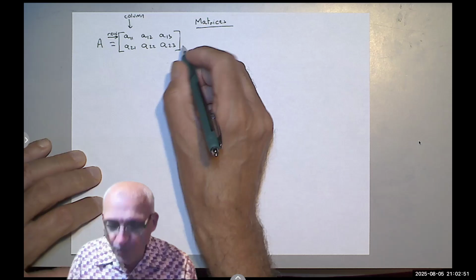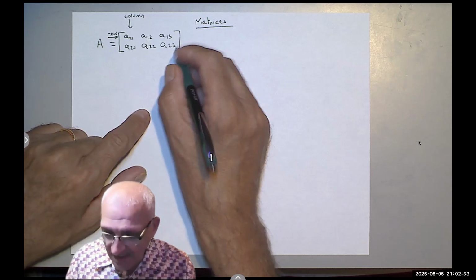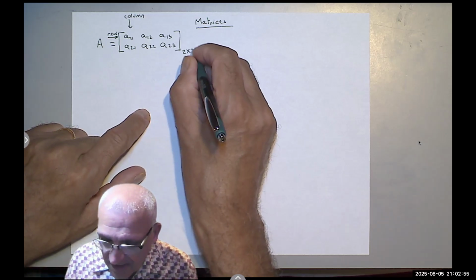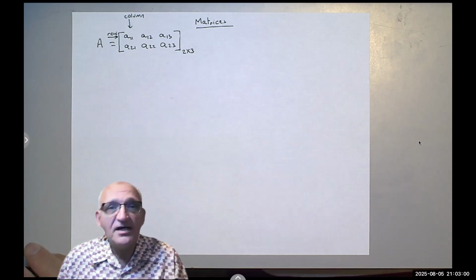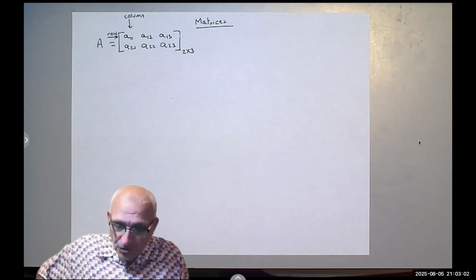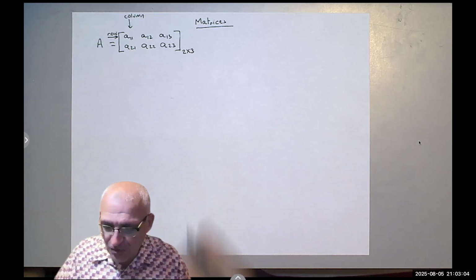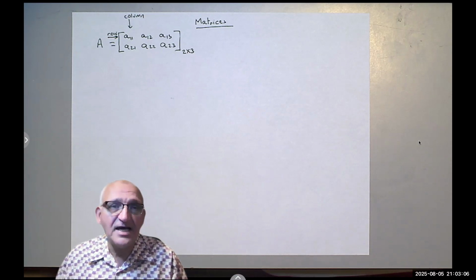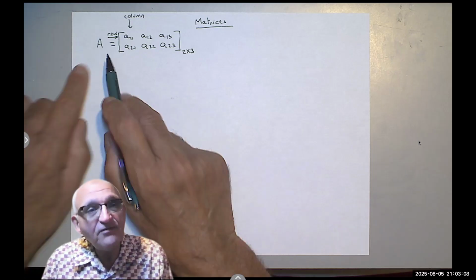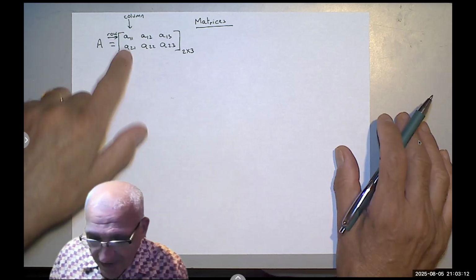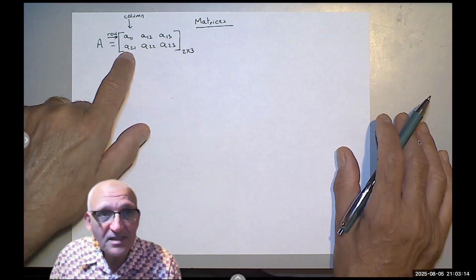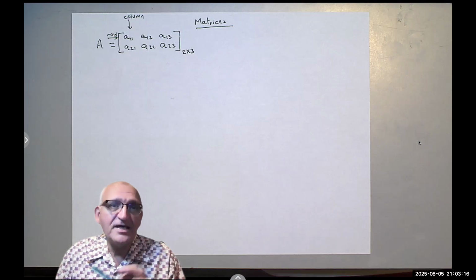So we refer to it as a 2 by 3 matrix. We always write the number of rows first, then the number of columns. So 2 times 3 is 6, so it has 6 elements. Notice that we refer to the matrix with an uppercase letter and to the individual entries with a lowercase letter.